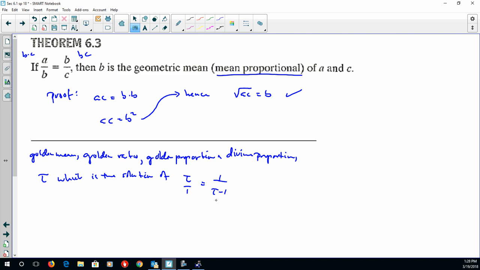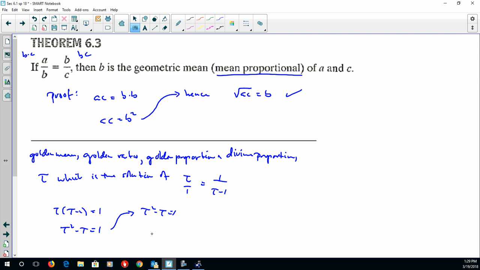So tau squared minus tau equals 1. So tau squared minus tau minus 1 equals 0.